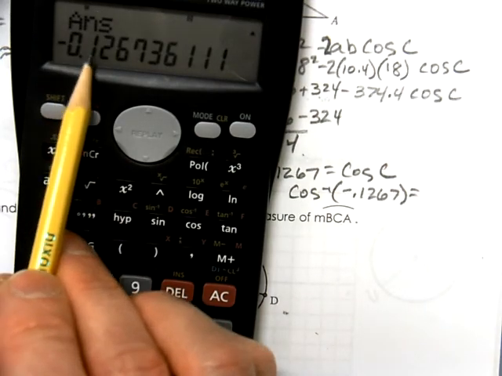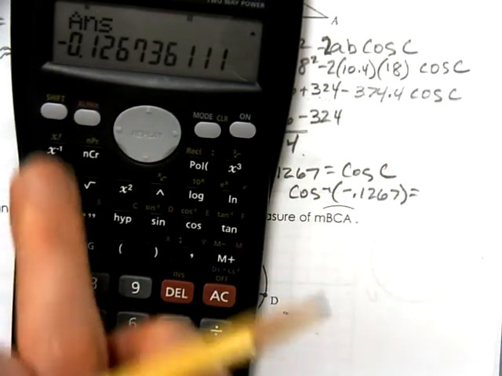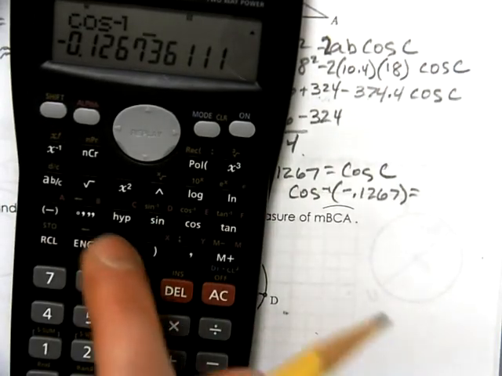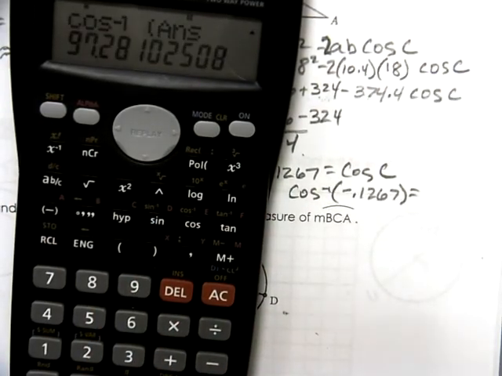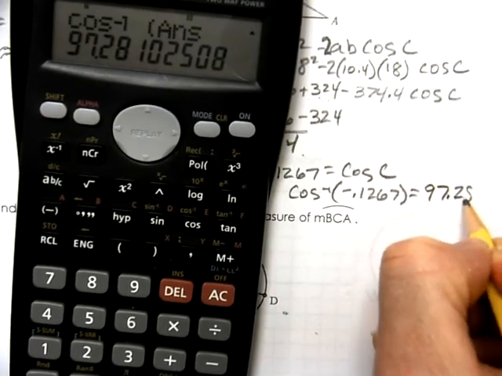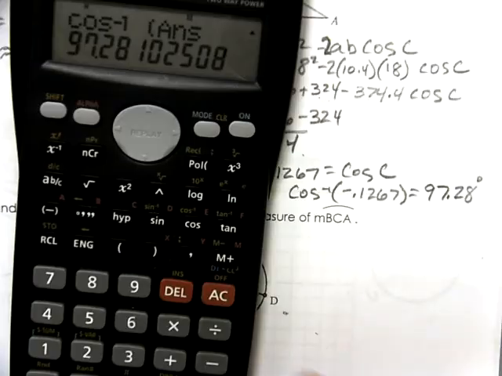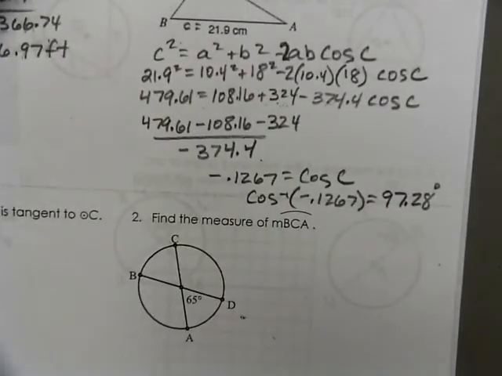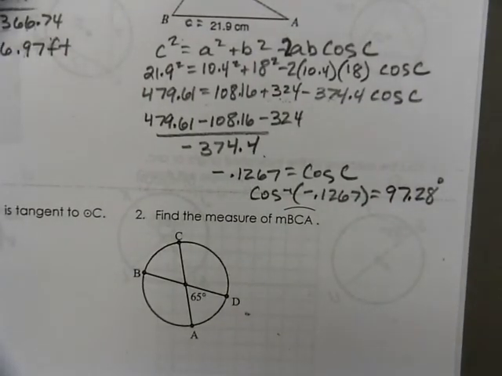So we have our negative 0.1267. We're going to do cosine inverse of our answer. That's 97.628. That's the measurement of angle C.